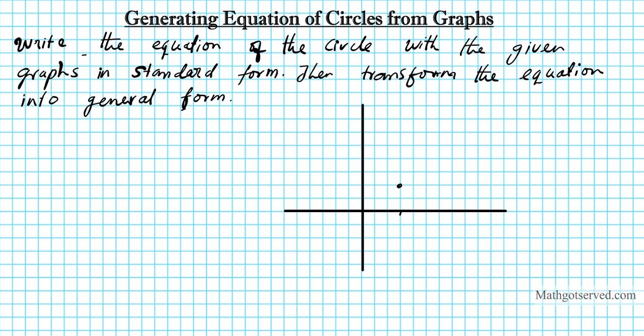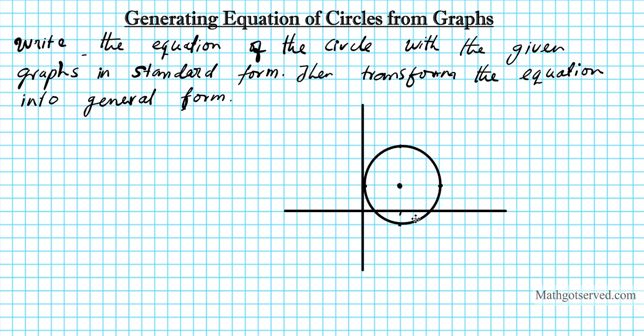That gets us to the center of the circle. From this center, let's go 3 in all directions: 3 units to the right, 3 units to the left, 3 units up, and 3 units down. Then let's draw the graph of the circle. So we have the circle.